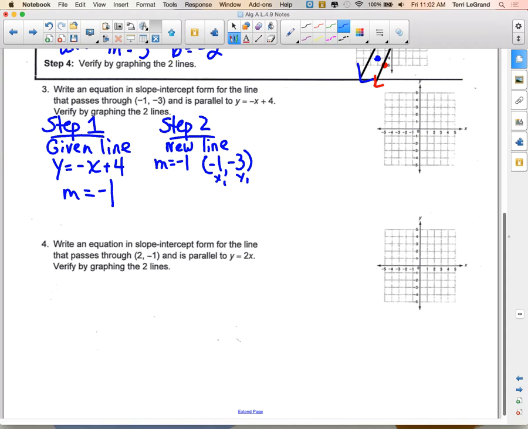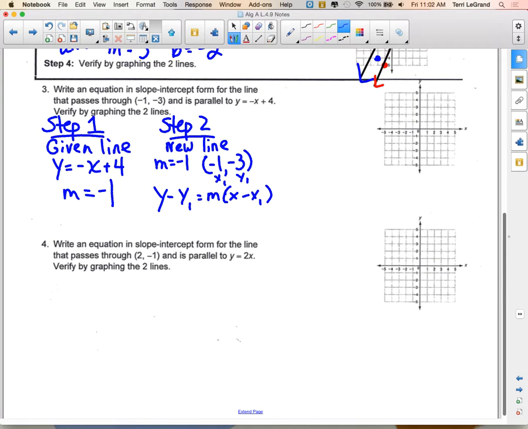How does point slope form look without any substitution going in at first? y minus y1 equals m, and then x minus x1. Okay, write that down, because now we'll substitute into it.